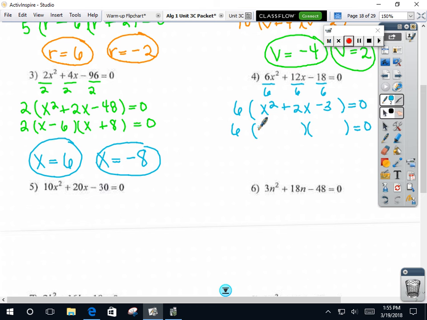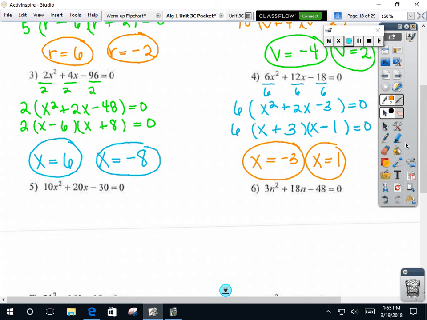Bubble method by looking for two numbers that multiply to make a negative 3, and that's a prime, so there's only two numbers that multiply to make that. 3 and 1. But for those to add to a positive 2, positive 3, negative 1. So that means your final solutions are, right, and that's where the graph would cross the x-axis, and those are the numbers that when plugged in would make it equal 0.